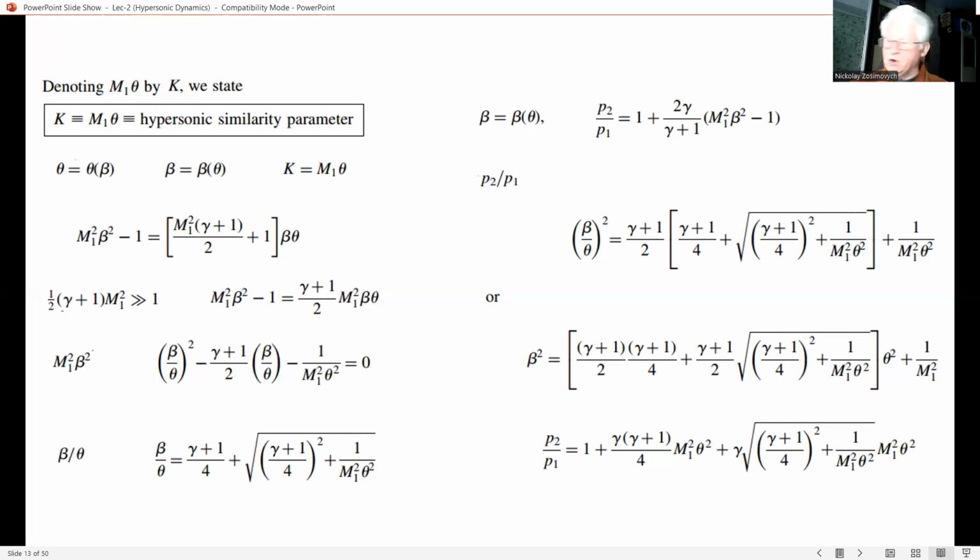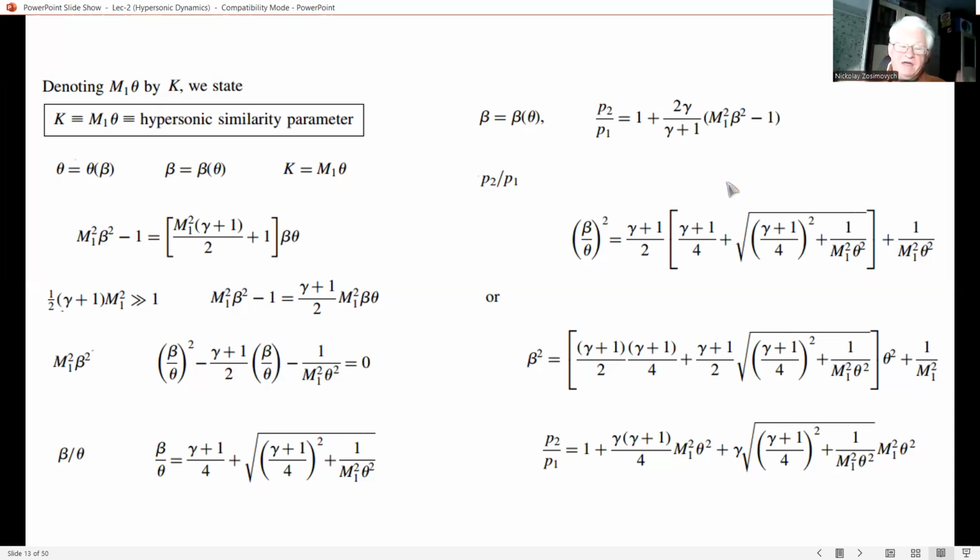If we wish to apply this equation at hypersonic but finite Mach numbers, we repeat again that M1 is large, but the product M1 beta might not be large. Hence, for this case, our equation for P2 over P1 cannot be reduced further.